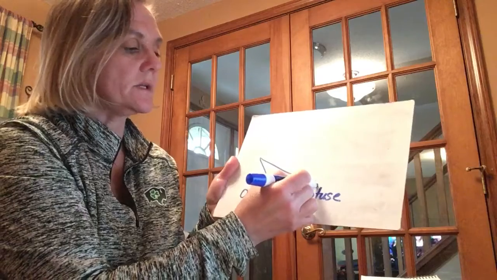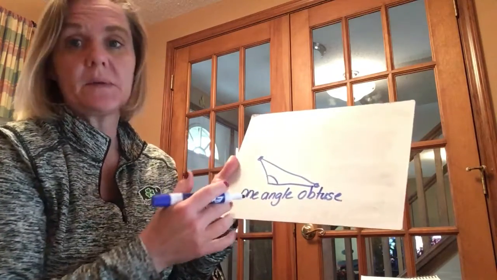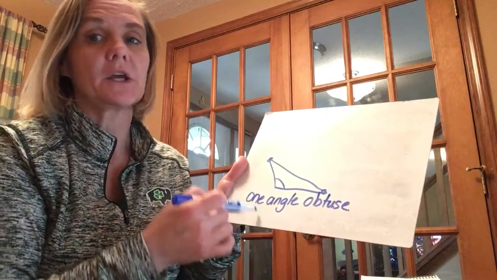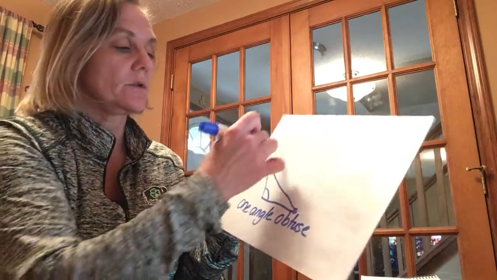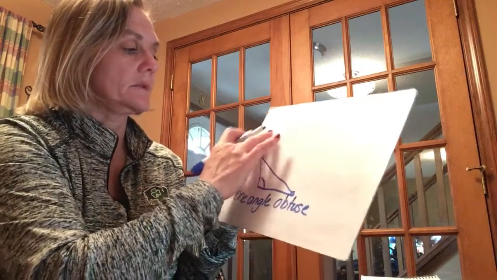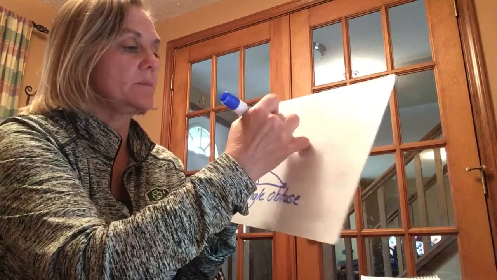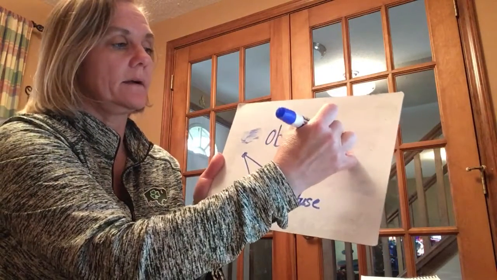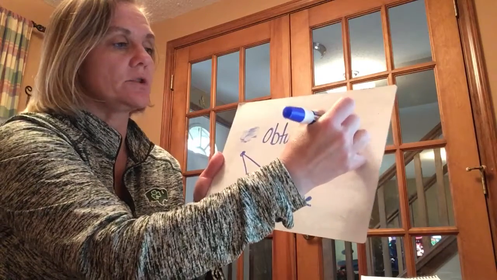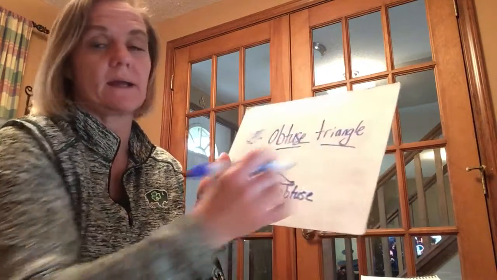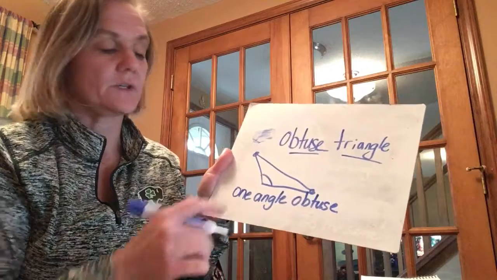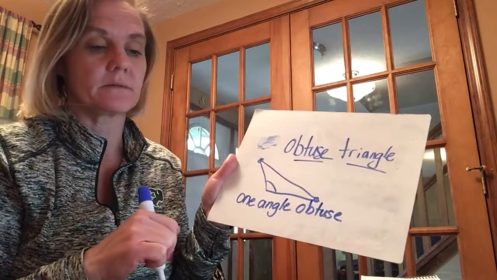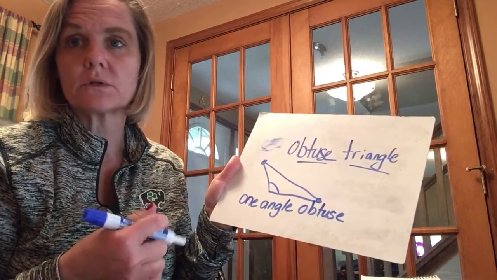Okay, so these ones here are small. They might be acute angles, but it's not an acute triangle. So this is an obtuse because at least one angle in there has to be obtuse in order to label it an obtuse triangle. Okay, so you just got to be real careful about your angles. And again, look back at your notes.